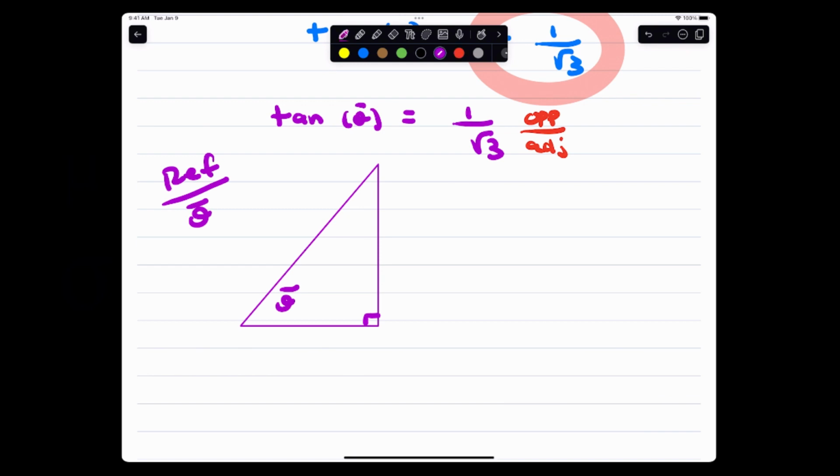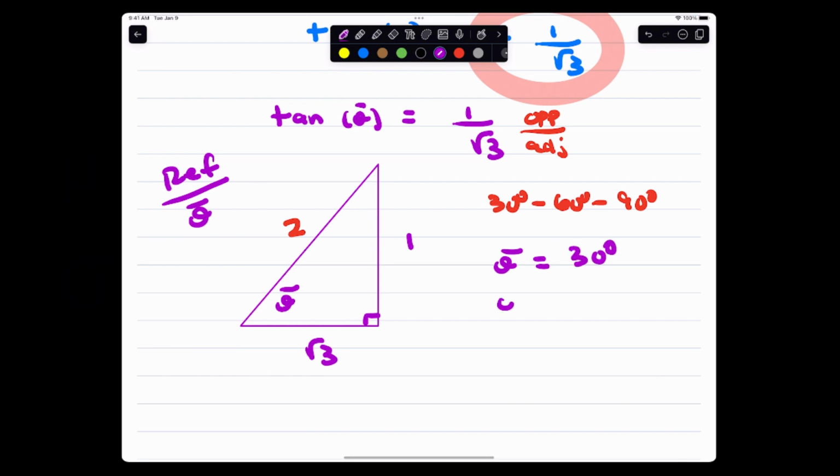So what is the opposite? And what's the adjacent side? What does that mean? Hypotenuse is 2. What's the special triangle? It's a 30, 60, 90 degree special triangle. And what's the angle going to be? It's 30 degrees, is that right?